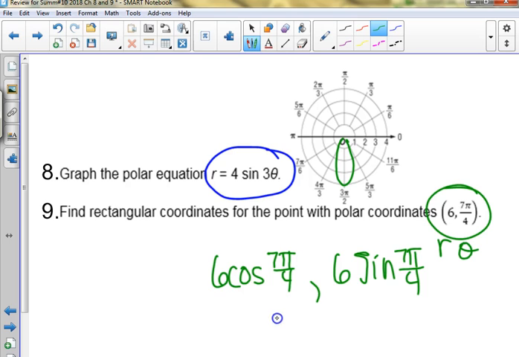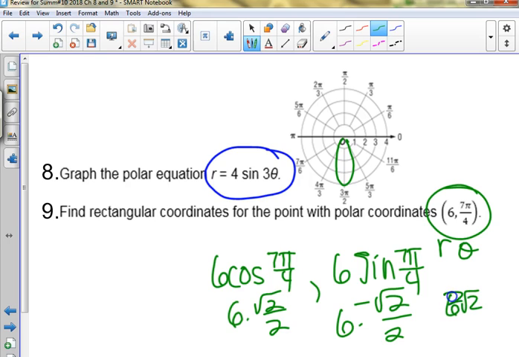I will take exact or decimal, but if you go to 7 pi over 4 on the unit circle, the cosine is square root of 2 over 2, and the sine is negative square root of 2 over 2. So the exact ordered pairs would be 3 square roots of 2, negative 3 square roots of 2. All right?